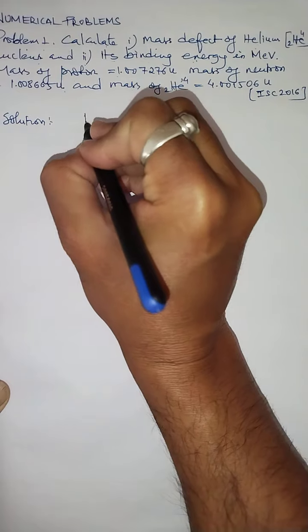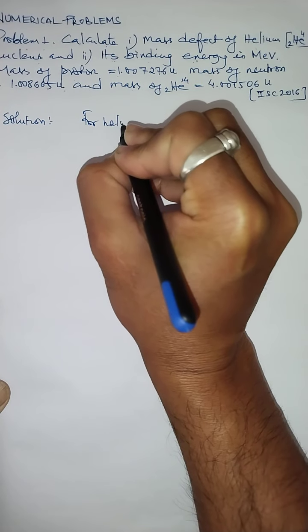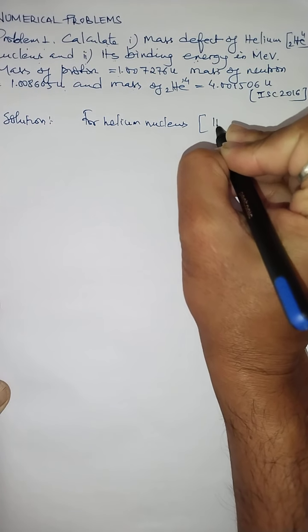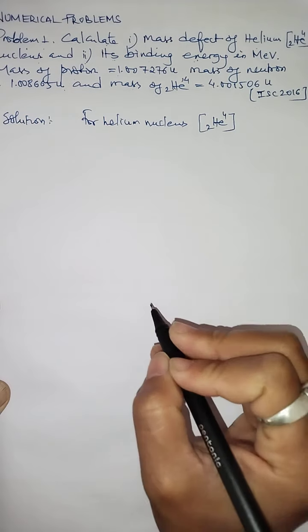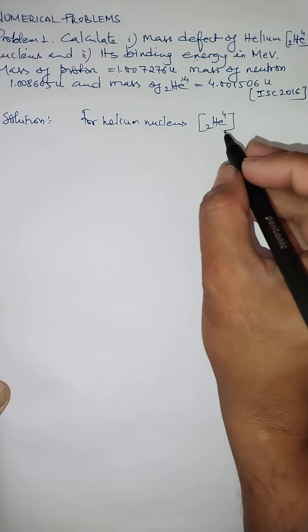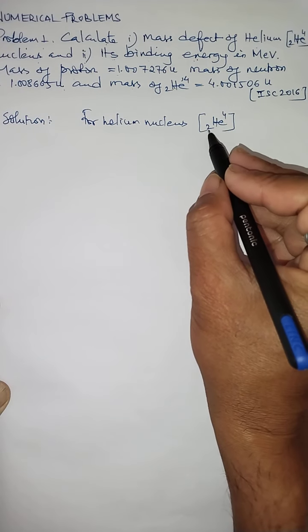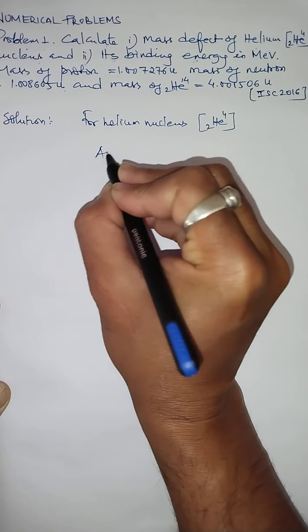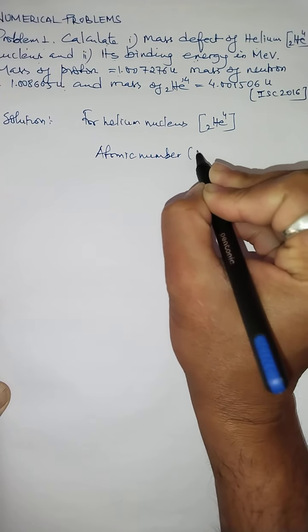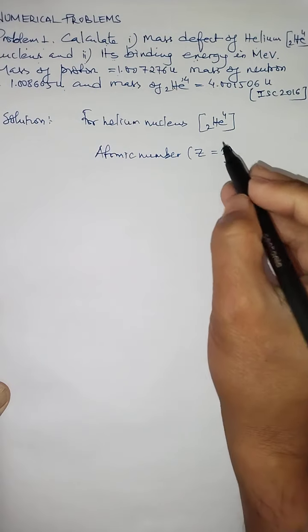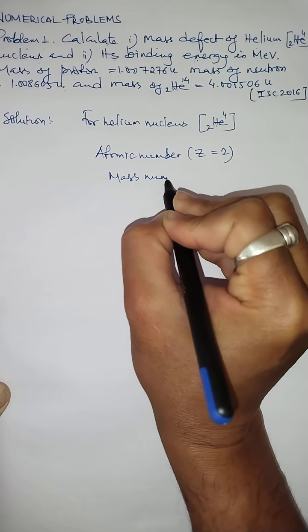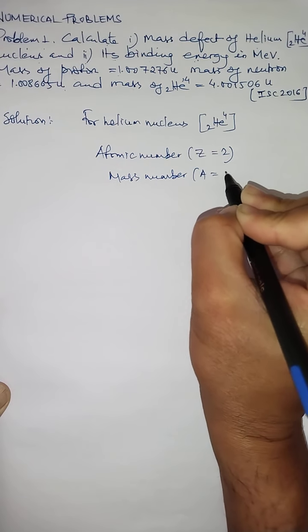In this question we are dealing with the helium nucleus, He2 with mass number 4. The mass of proton is given. In this helium nucleus, the 2 is the atomic number, marked by the letter Z, so Z equals 2. The other number is the mass number, symbolized by A, and that is 4.